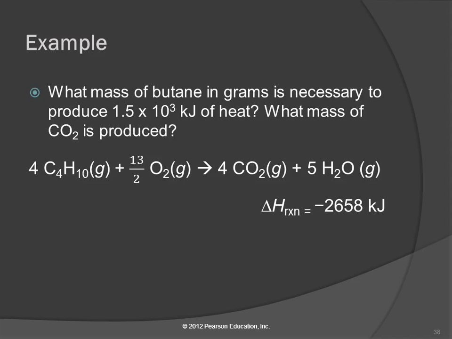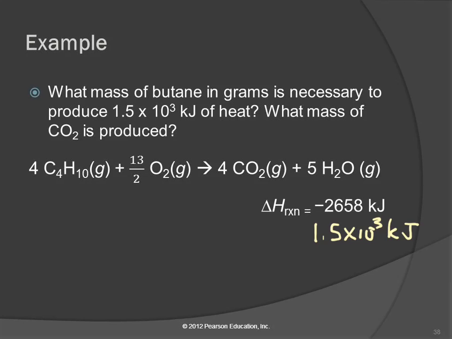So here we've got an amount of heat, and we're asked for mass of butane. So let's see here. We've got 1.5 times 10 to the third kilojoules. Now, it's telling us that in words, produce that amount of heat.